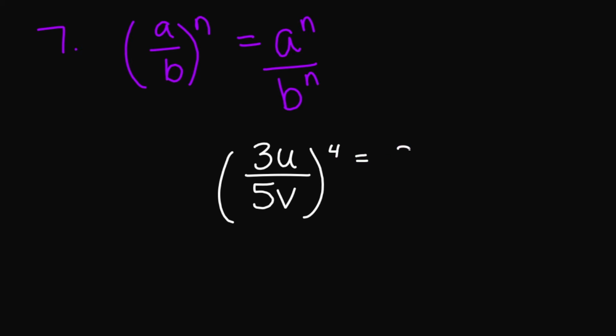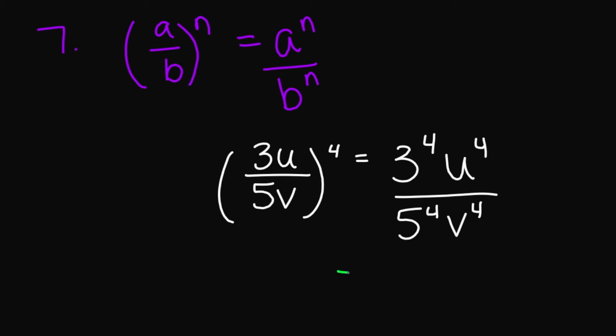So we're going to get 3 to the 4th times u to the 4th divided by 5 to the 4th times v to the 4th. And if you want to simplify this further, you're going to get 81 u to the 4th over 625 v to the 4th.